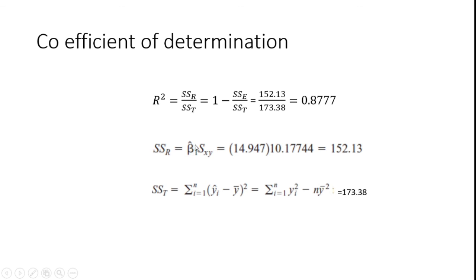Already we know the beta 1 value from our previous calculation, so I substitute it here, and we also know Sxy. I substitute the values and I got 152.13. For SST, I utilize the summation of i equal to 1 to n of yi square minus n, where n is the population, 20, times y bar square. I substitute the respective values into this equation, and I got 173.38 as the SST value.